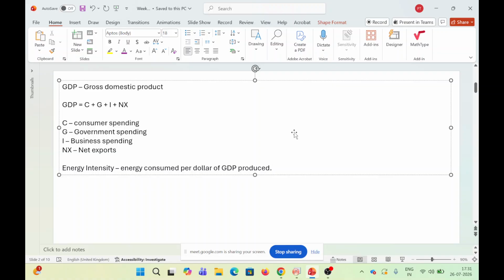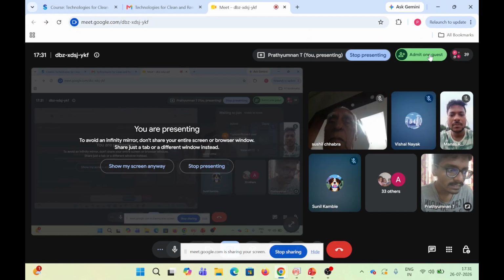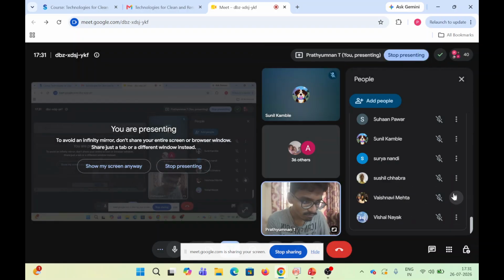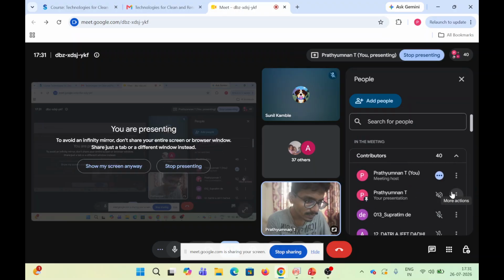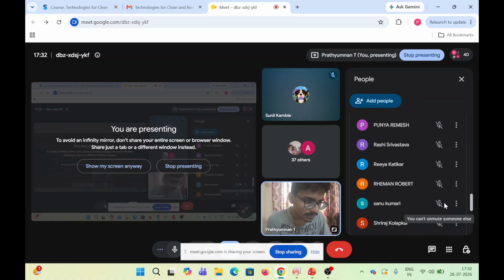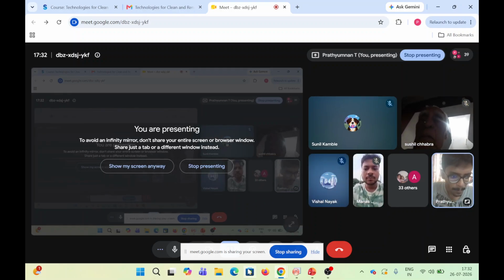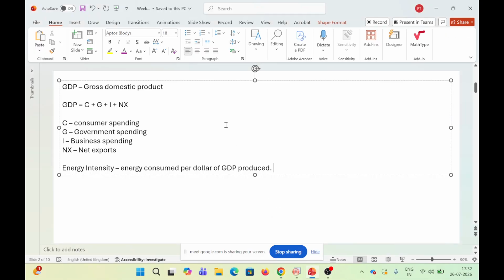So the fossil fuels that we were talking about, in the case of coal, they still contribute a major source of energy in India.